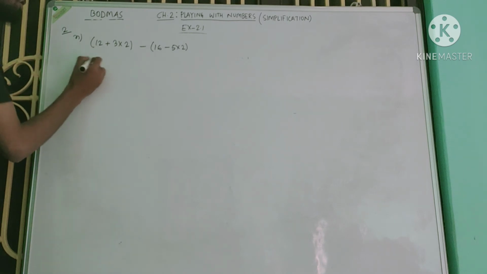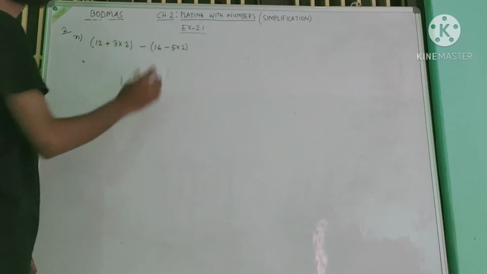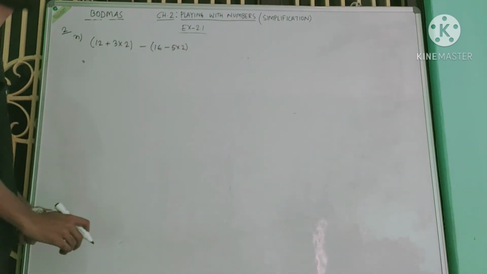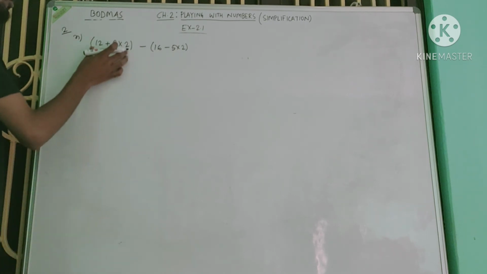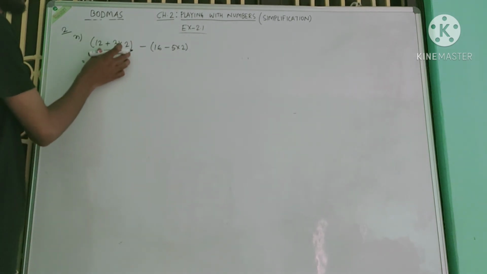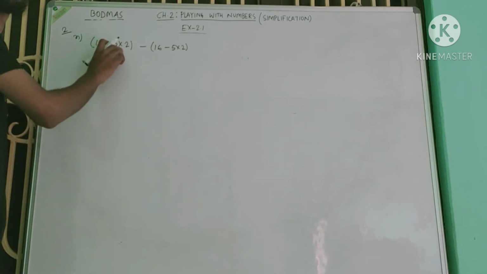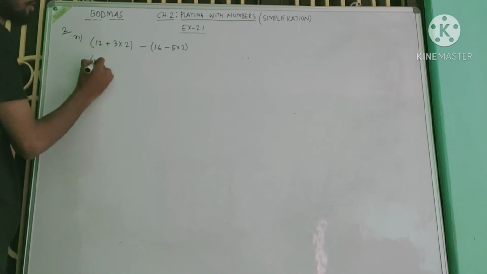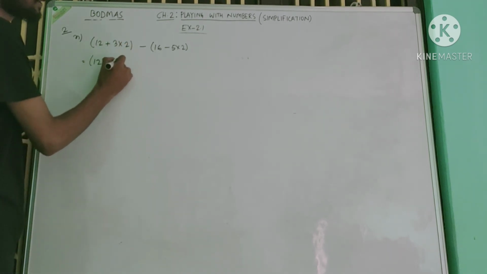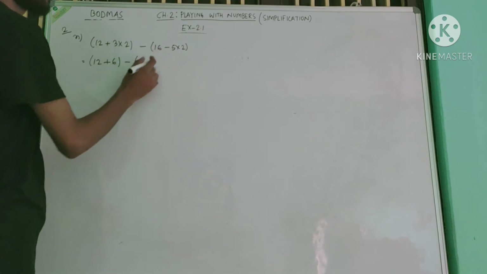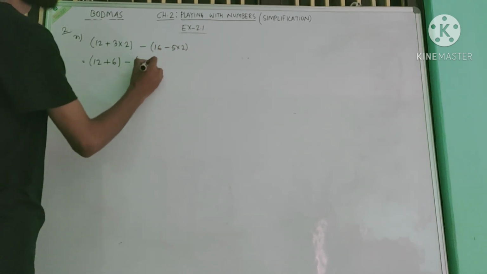Now we will solve question number n. In question number n, you can see there are two separate brackets. For the first bracket, which is 12 plus 3 into 2, we have to first do multiplication. So 12 plus 3 into 2 is 6 minus, here we also have to do multiplication first.